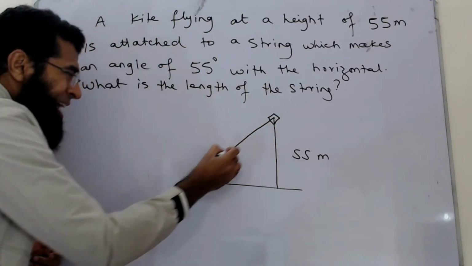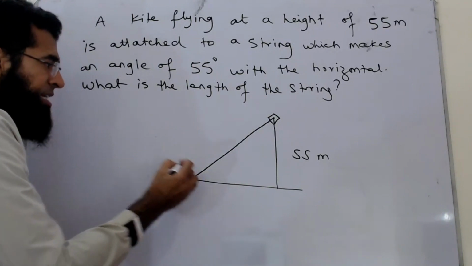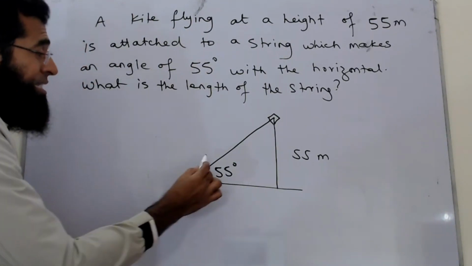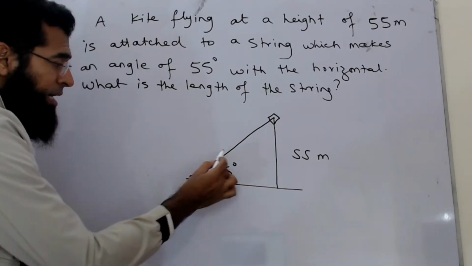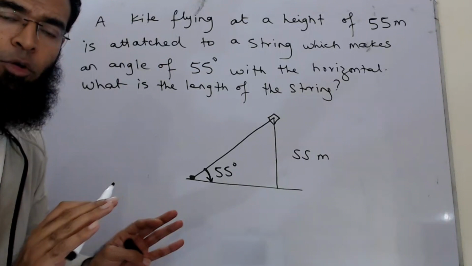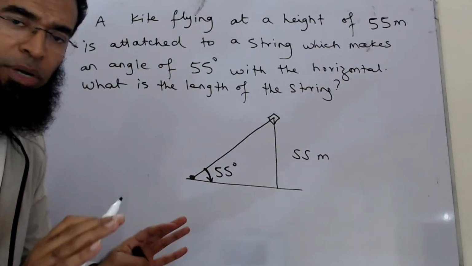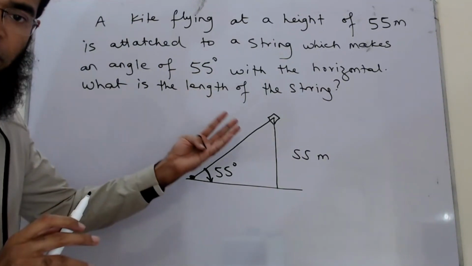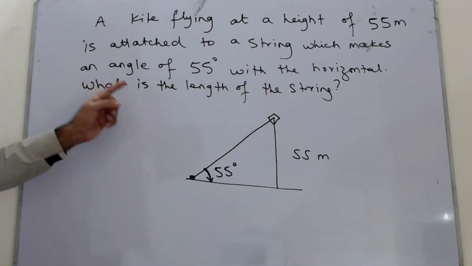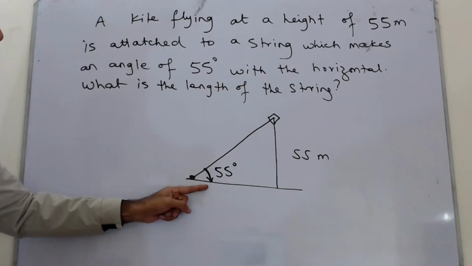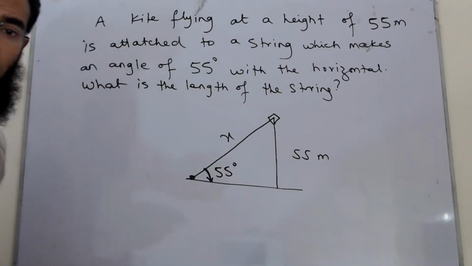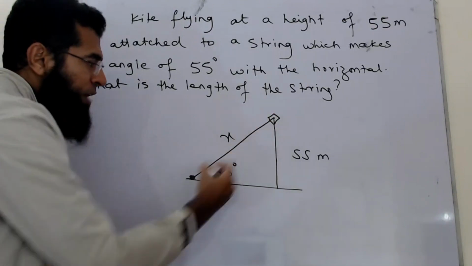So this is attached with a string, someone is flying this kite, and it makes an angle of 55 degrees with the horizontal, right? So the statement is very clear. I think there's absolutely no confusion. There should be no ambiguity what the statement is, right? So it's very clear. It makes an angle of 55 degrees with the horizontal. What is the length of the string? So we have to find this.